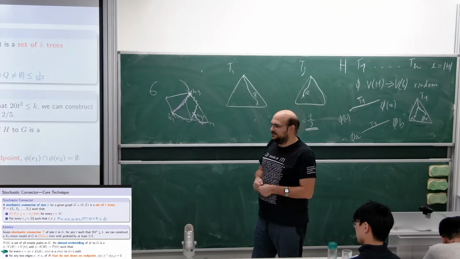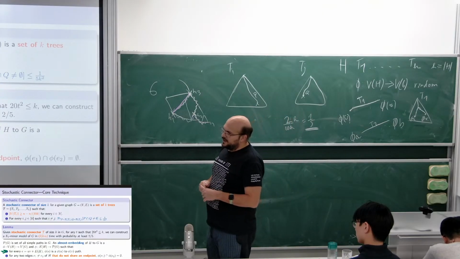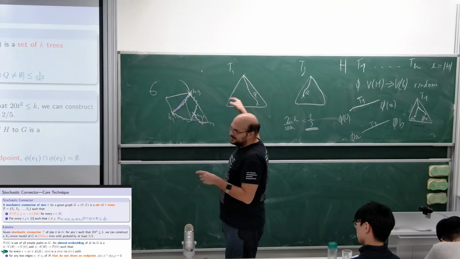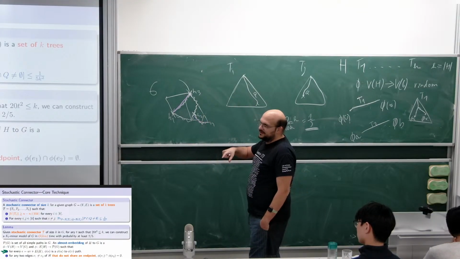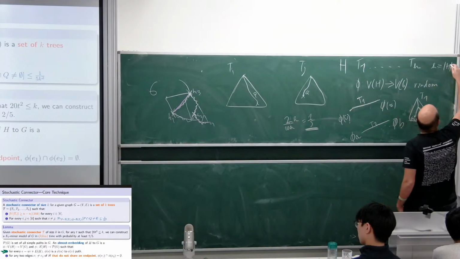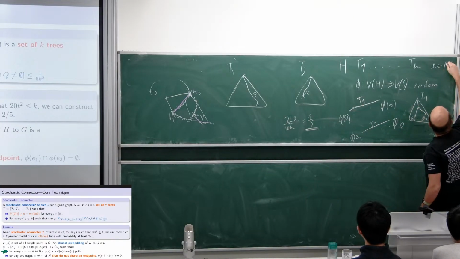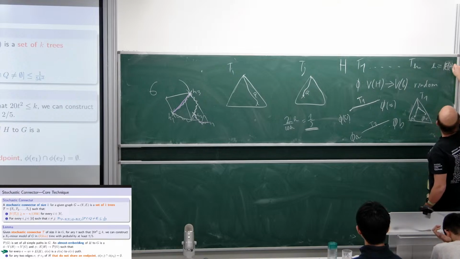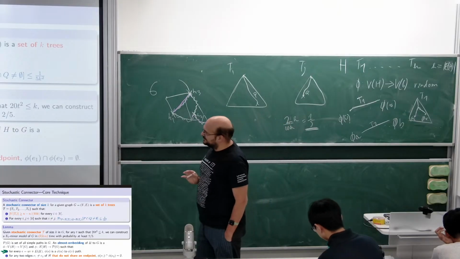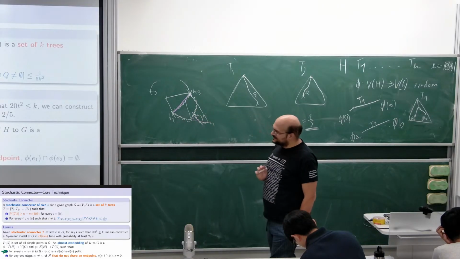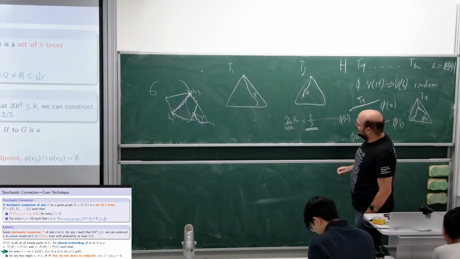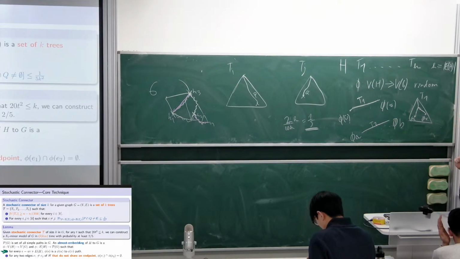For both endpoints, this is 2 over 10k, and then we have k edges. So k trees, and the trees represent edges of H. I see. H has at most k edges, yes. Thanks for the question.